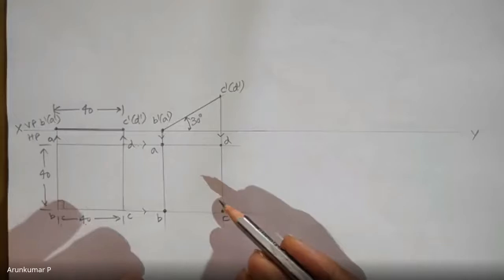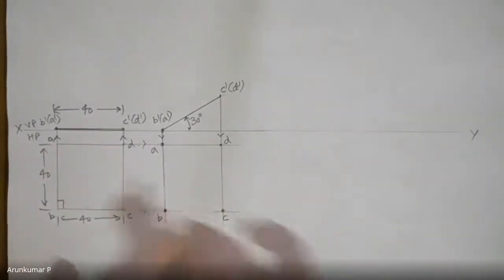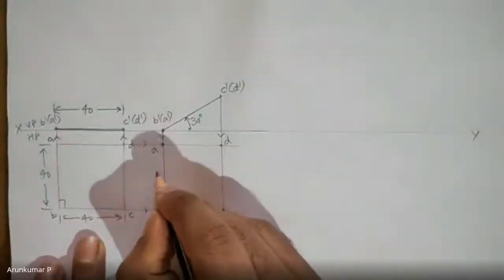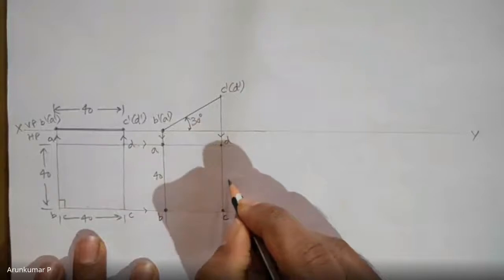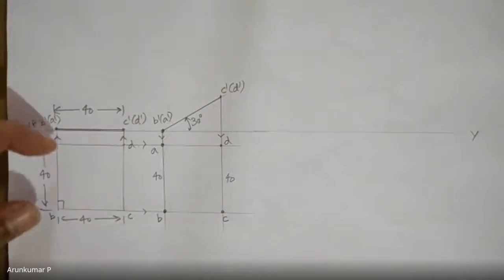So what you see here, is this top view of the second step a square? What are the lengths of the lines? What is the length of AB and CD? 40, because it was 40.